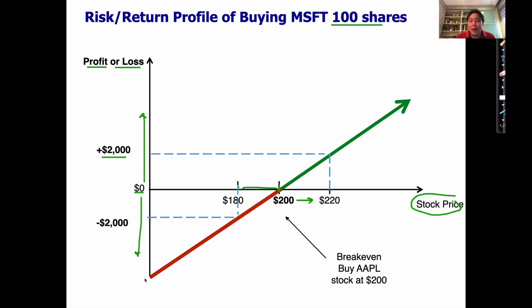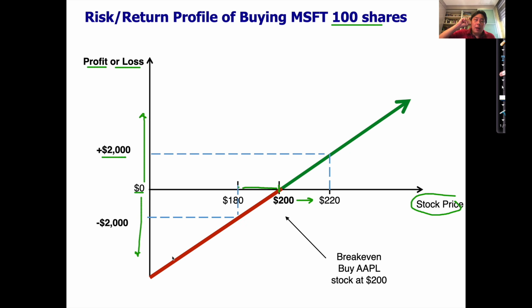But in reality, if you buy shares of a fundamentally good business that's profitable, then it won't go to zero. Apple won't go to zero, Microsoft won't go to zero, practically. But in theory, if the stock price goes to zero, then you lose your entire capital. So that's what it looks like when you buy 100 shares of stock.